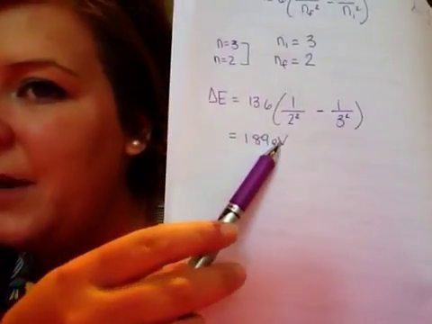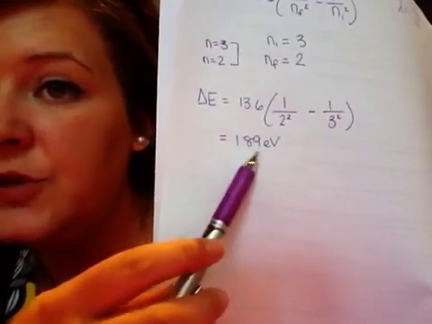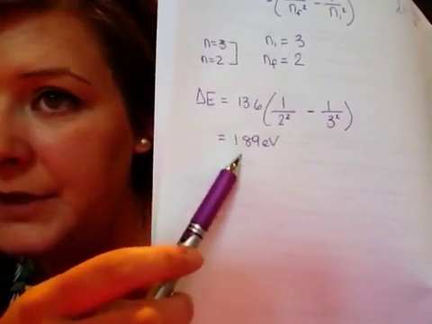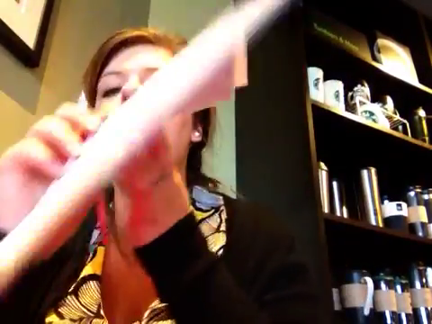When you do that, you should get 1.89 electron volts. So this is what you should be getting, okay? That should be your answer for your delta E. So that's my delta E. Now I know my E. Now the very last step is me trying to find the wavelength.